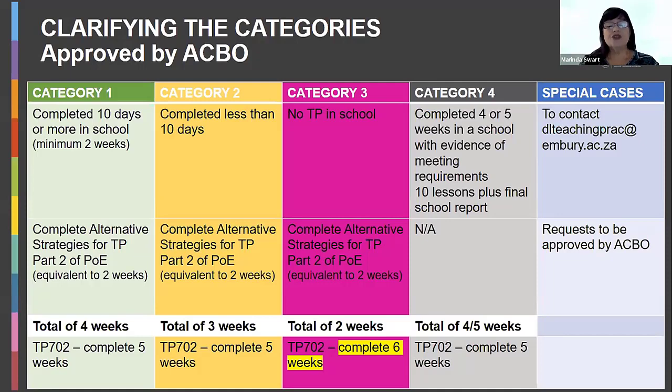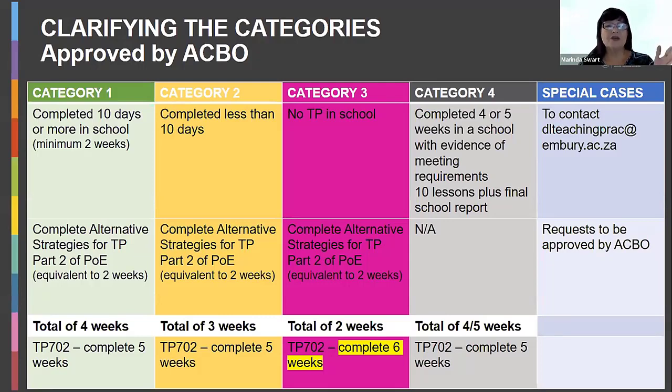When it comes to students possibly falling between categories, I'm going to give you 2 examples. Let's say in category 2, a student may have only started with 1 day of teaching practice, and then the school closed. Theoretically, that cannot be regarded as a week of TP.